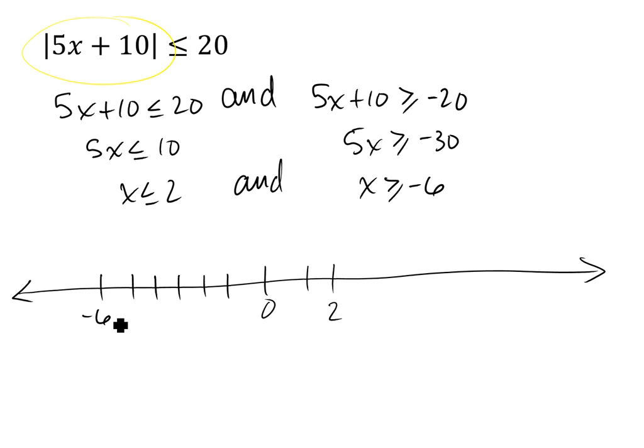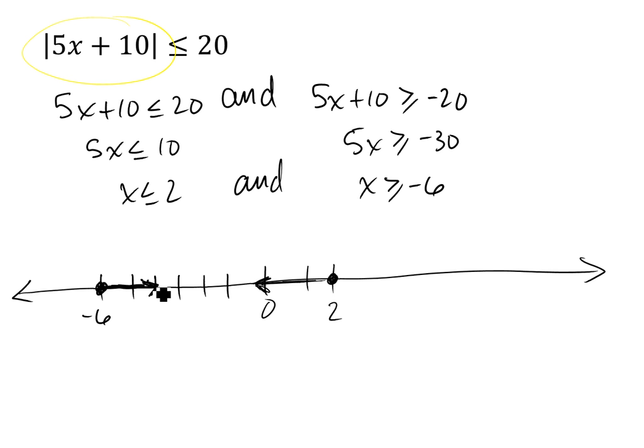On this side it says x's are those things that are less than or equal to 2, and I'm going this direction. And the other side says x's are those things that are greater than or equal to -6. So greater than or equal to this value.